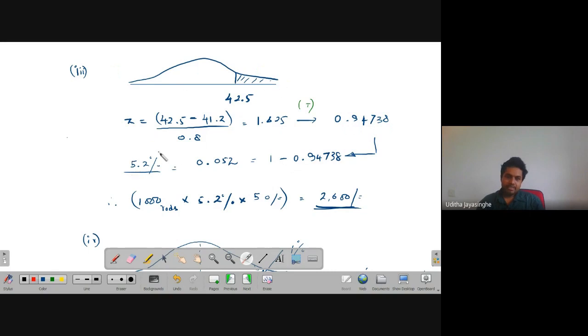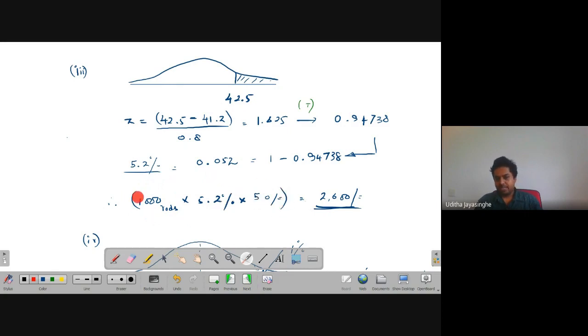So what is this 5.2%? That means approximately there is a 5.2% production of rods going more than, sorry, 42.5 millimeter. So if there are 1,000 rods being produced, that means out of these 1,000, 5.2 are going to go through this cycle with a cost of 50 rupees.